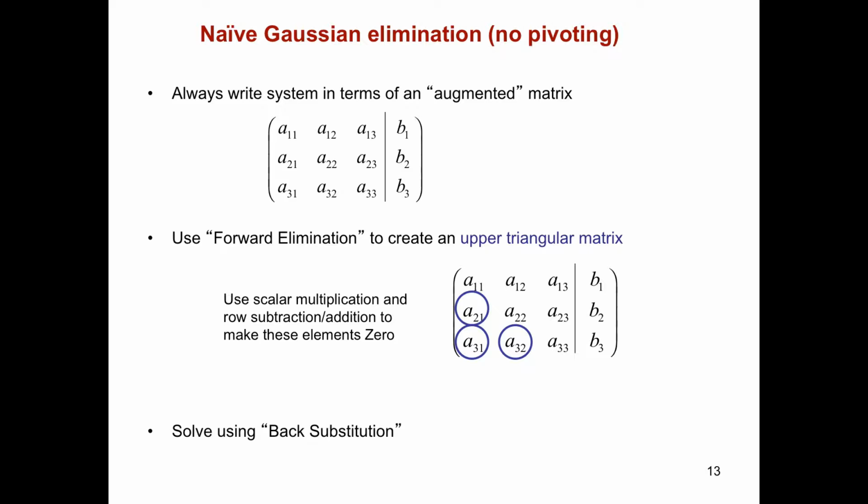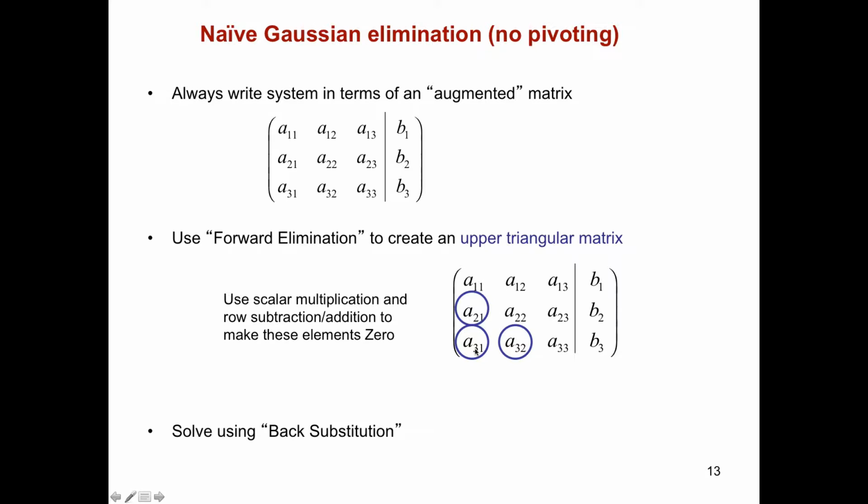Getting rid of them means I will replace certain rows by a linear combination of the others, with the objective of setting these three values to 0. Once I do that, I will have an upper triangular system, which we can solve by what we call back substitution.